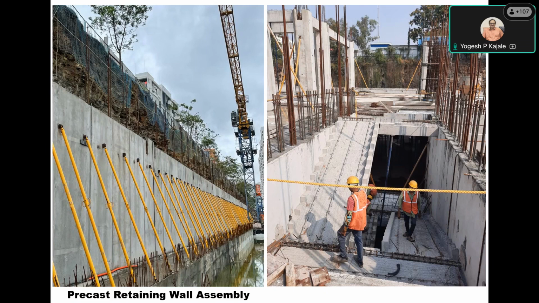The next is, should the structure have alternate load paths, so that if one element fails, others can carry the load? Yes, it is always recommended. Alternate load paths are necessary. But in the case of wall panels and slab, if one wall panel gets dislocated, then the slab will have a double span.